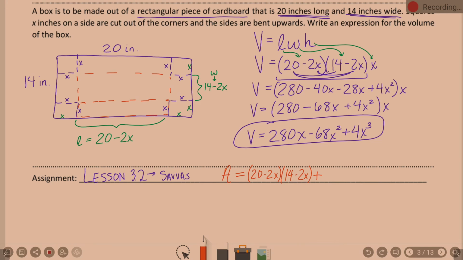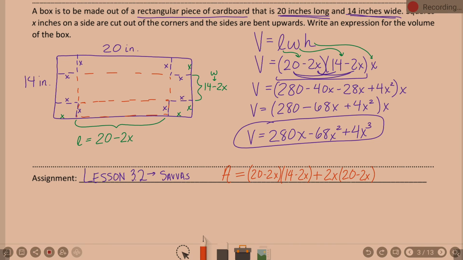How many of these rectangles are there? 2. Can we also multiply that by 2? So I'm going to put this as 2 times x times 20 minus 2x. You with me?